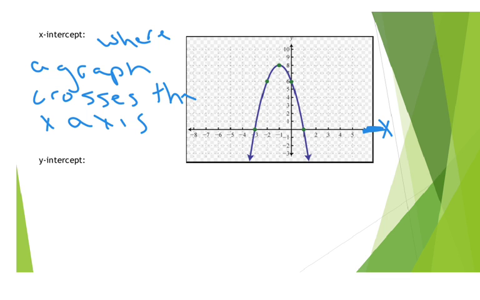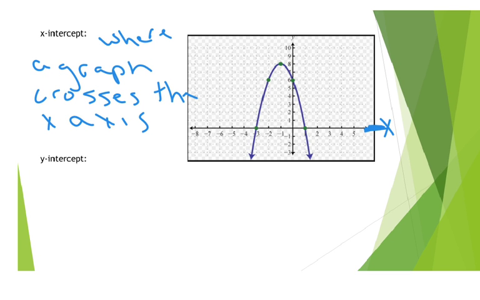So if we're looking at this picture, notice there's a point where it crosses on the x right here at -3. So if we were going to write that as an ordered pair, it would be -3, 0. And then it crosses over on this side as well. So this one actually has 2 x-intercepts: -3, 0 and 1, 0.